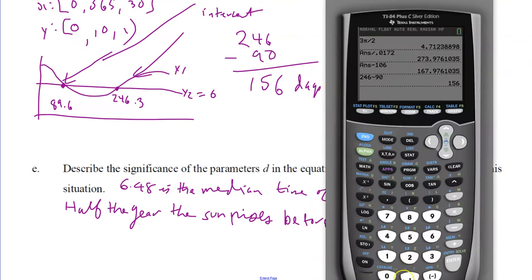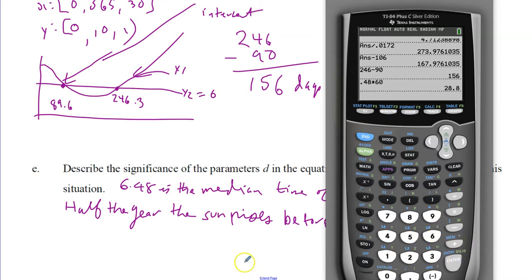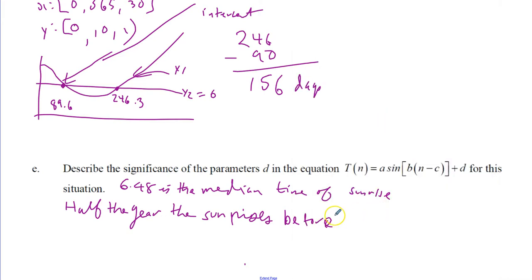So what we really just need is the 0.48 times 60. Enter. 28.8. So we'll call it 6:29. And half the year, the other half the year.